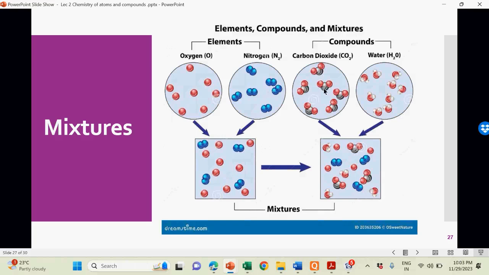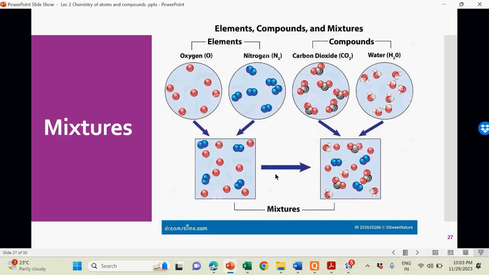Also, the carbon dioxide is a molecule. هنا كنا نتكلم عن elements، element واحد أكسجين، element واحد نيتروجين، وهنا نتكلم عن compounds اللي هي الكربون دايوكسيد أو الـ molecule. They can mix together, forming a new mixture between the carbon dioxide and water.